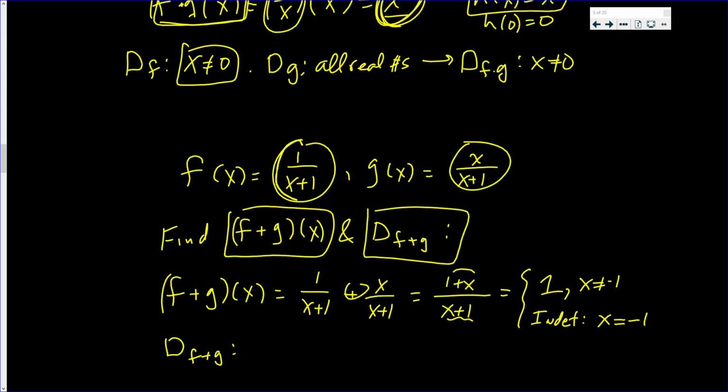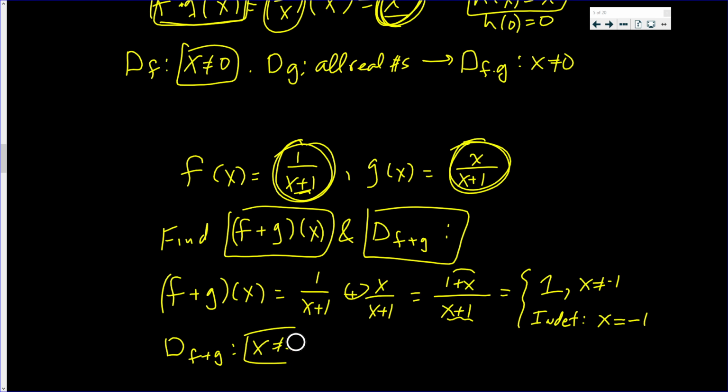You can't compute f of negative 1, because that makes the bottom 0. So I know that x can't be negative 1. Oh, look at that. You can't compute g of negative 1 either. That's the domain. X cannot be negative 1.